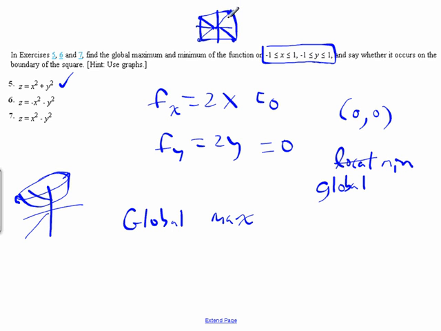Any of those values are going to maximize the value of x squared plus y squared, because if we think about the circle that captures them, that's the biggest circle that we can put around it. So the global max is going to occur at plus or minus 1, plus or minus 1, which will equal 2.